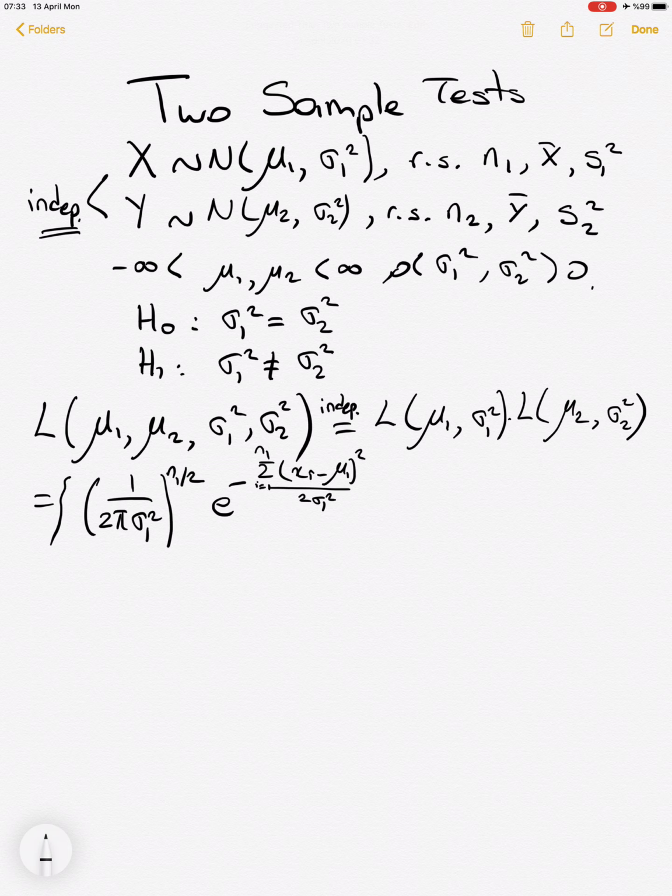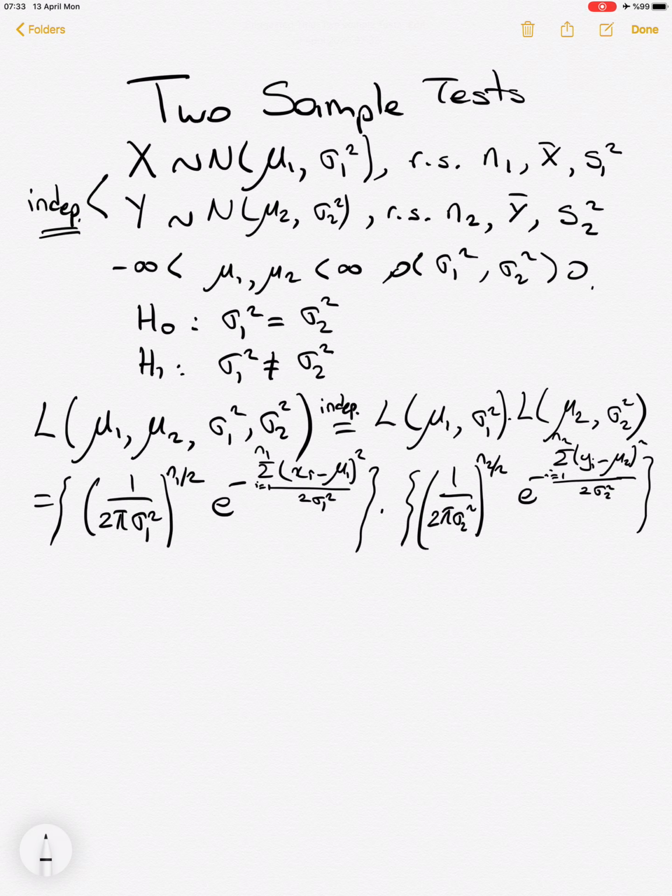So one likelihood is this, and then the second likelihood is (1 over 2 pi sigma 2 square) to the power n2 over 2 this time, times e to the minus summation (yi minus mu2) whole square divided by 2 sigma 2 square, where i is from 1 to n2. So this is our likelihood function.